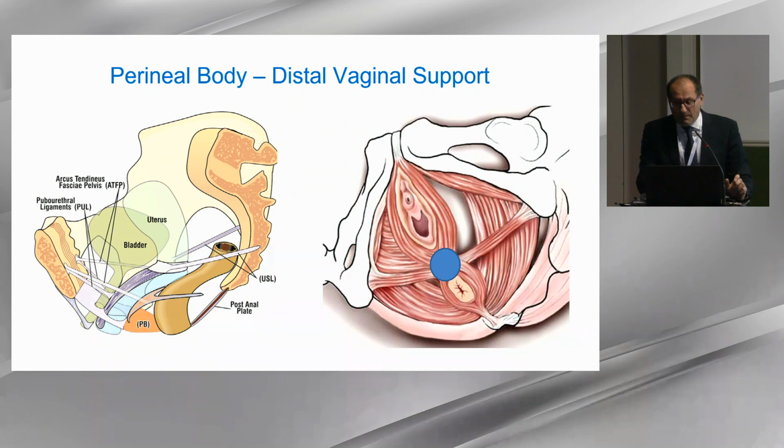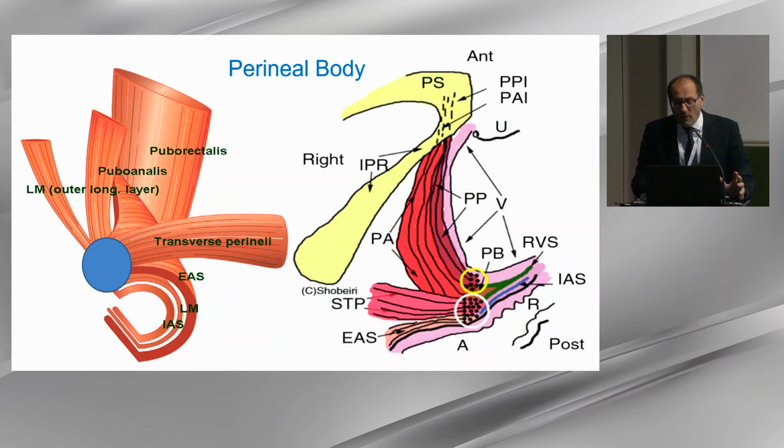What forms the perineal body? A very complex structure with fibers coming from the external sphincter, the transverse perineal, the puboanalis and longitudinal muscle. All these fibers contribute to form the perineal body.